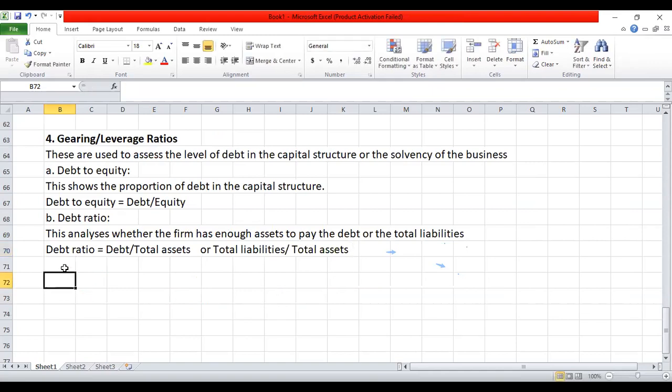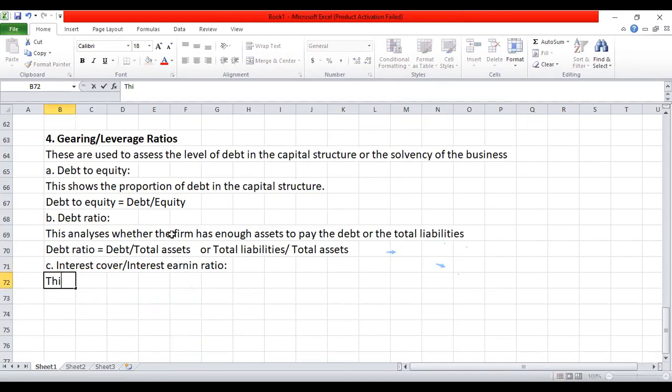Then another ratio which we use to assess, that is C, we call it interest cover. Interest cover, sometimes we call it interest earning ratio. It means the same. Interest cover, interest earning ratio, it assesses the same issue.